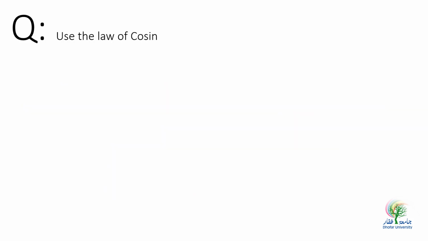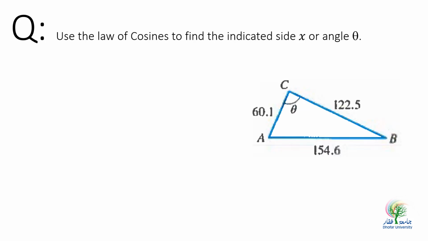In the next question, we have to find an angle. This is a triangle with three sides given, and we have to find angle C. Opposite to this angle is side c, this is side b, and this is side a.